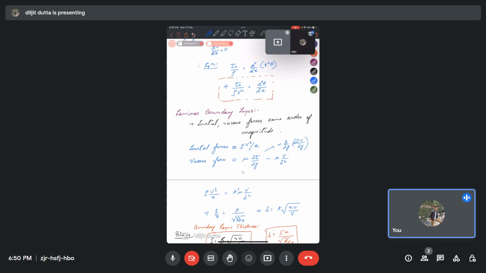So from the momentum integral equation, we get that the inertial forces are of the order of rho v square by x, and the viscous forces are of the order of del by del y of mu dv by dy, so we will get mu into v by delta square.